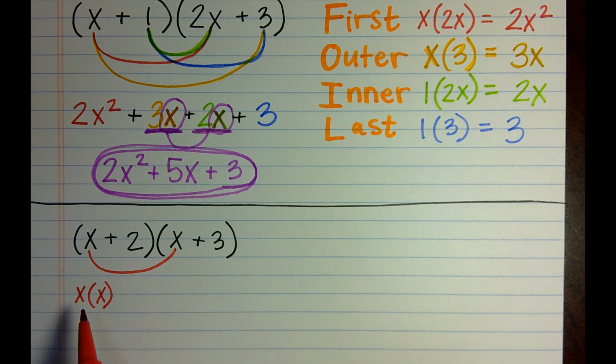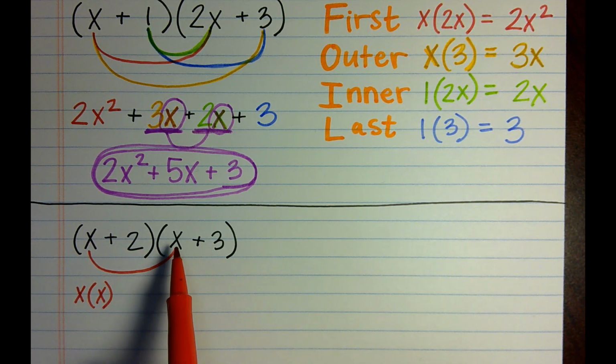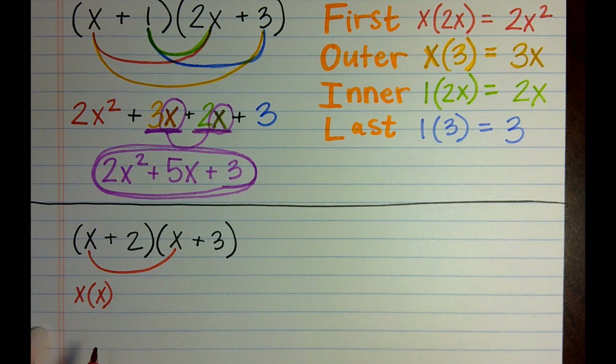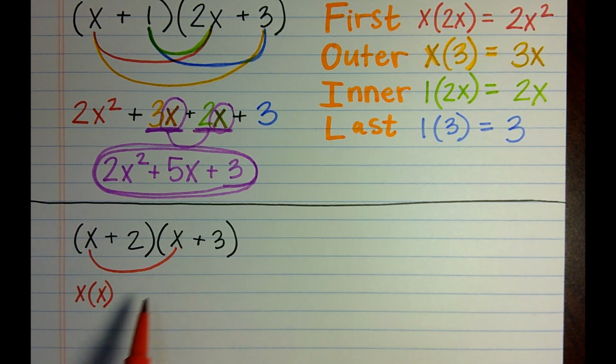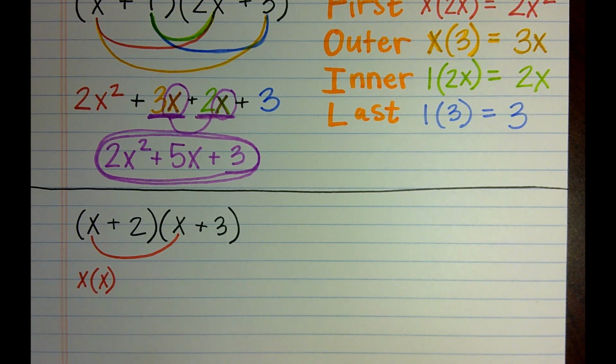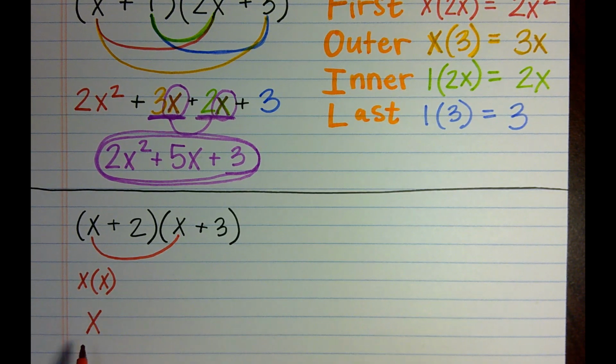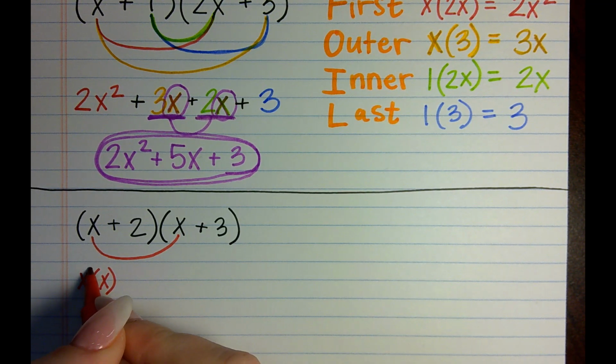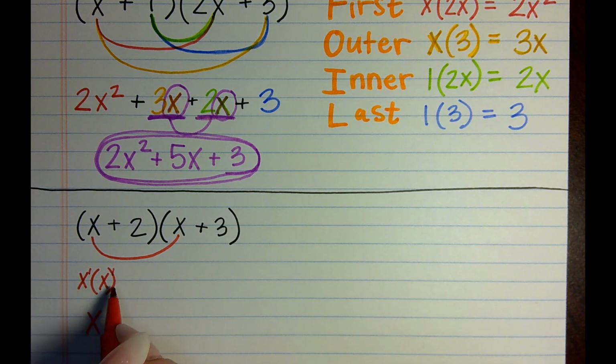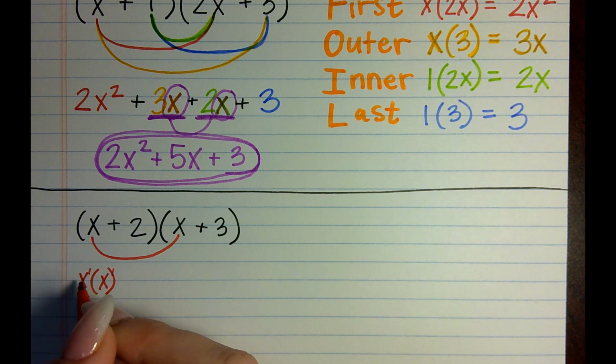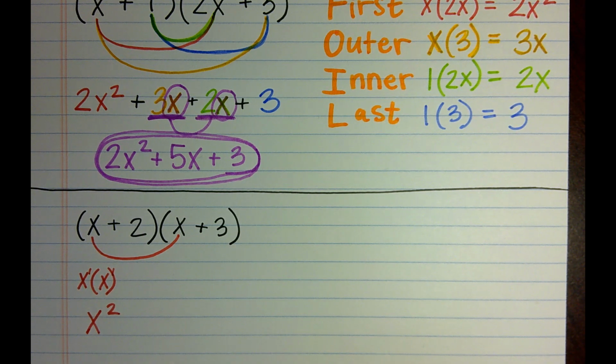Sometimes writing the steps for this process can start to make it feel really painstaking. And you'll get to a point where you can do quite a bit of it in your head. But if it helps you to write it out, then absolutely do it. So, x times x, what is that going to give us? X squared. Because there's an invisible 1 and an invisible 1. So, x times x, 1 plus 1, 2, x squared.